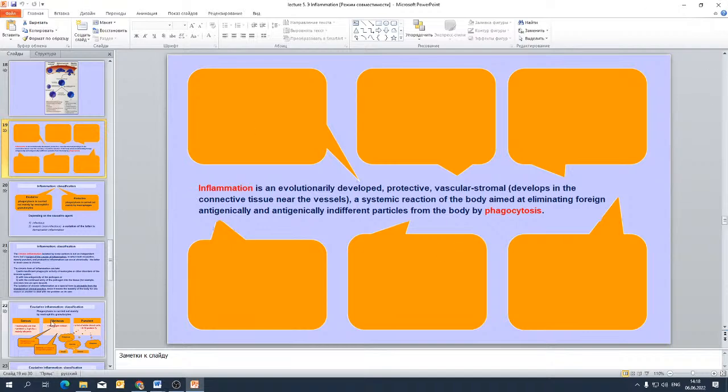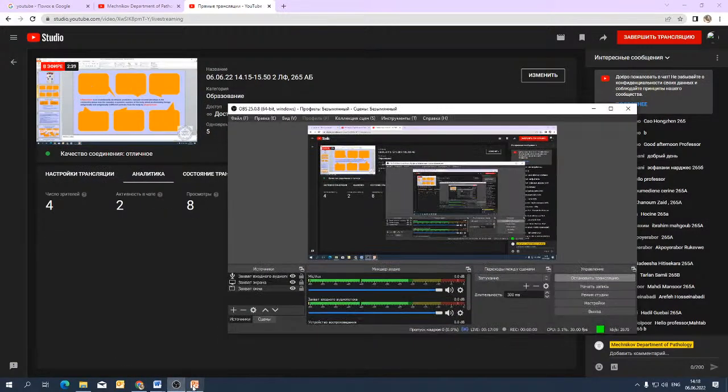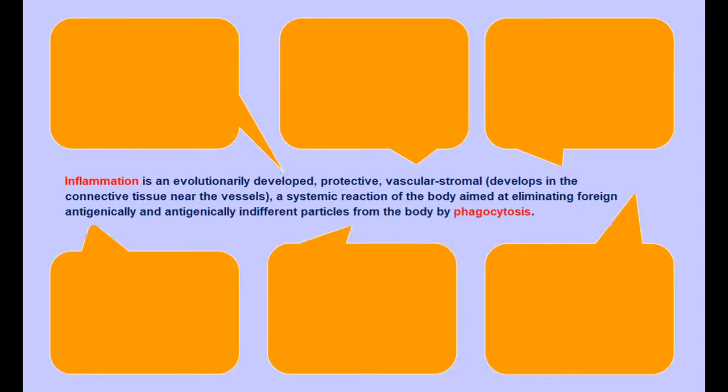For example, if you remember different types of animals, two-layer animals and three-layer animals.